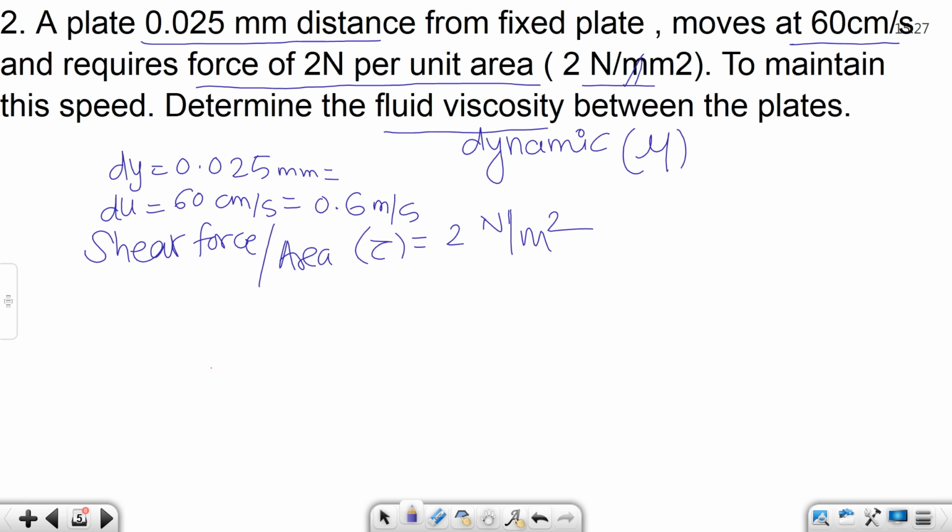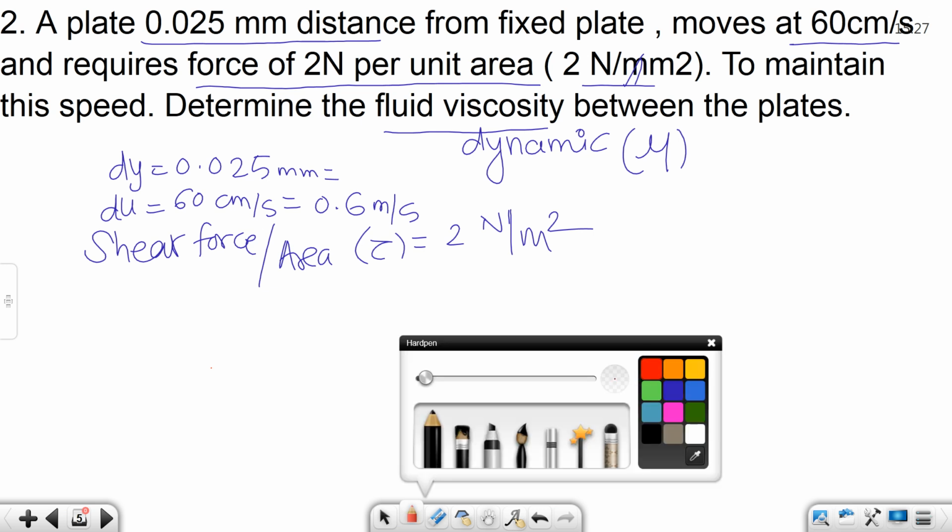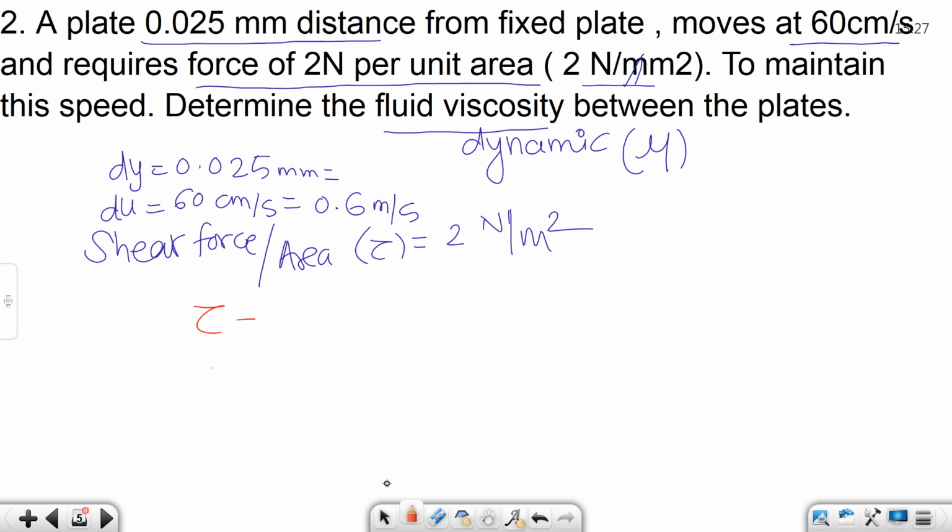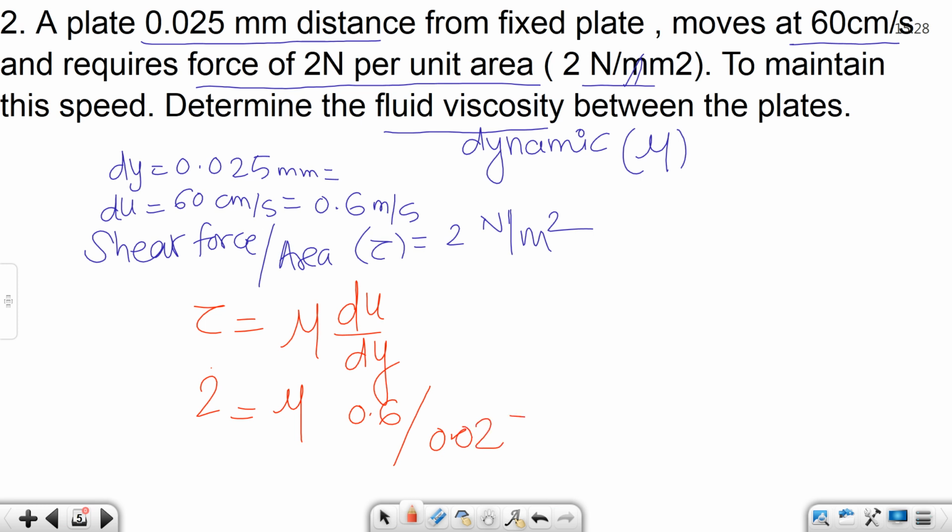So just consider tau is 2 Newton per meter square. Now we'll solve this numerical. Tau is equal to mu du by dy. So shear stress is 2 Newton per meter square. Mu, which we need to find out, du is 0.6, whereas dy is 0.025 into 10 raised to minus 3.